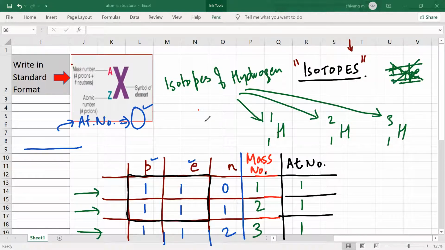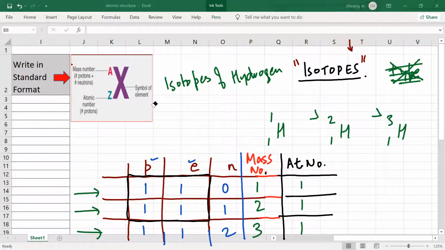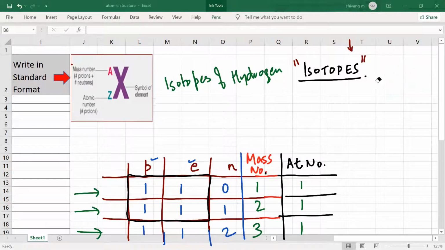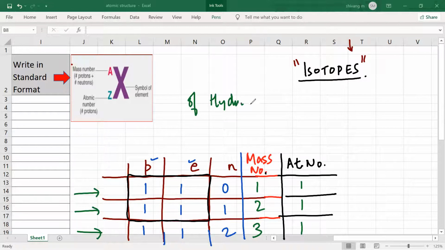Okay. So if somebody asks you what are the isotopes of carbon, let me write it. I'll write the isotopes that we have discussed now: isotopes of hydrogen, isotopes of carbon, isotopes of chlorine.